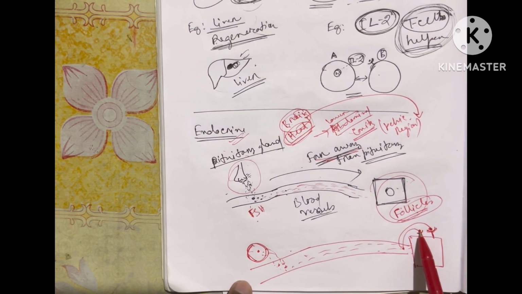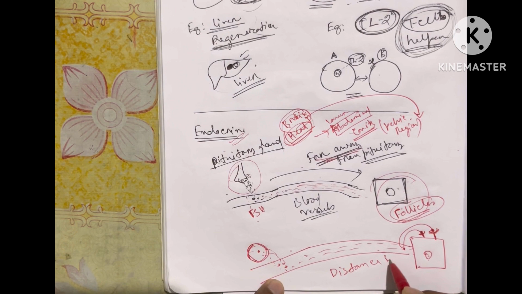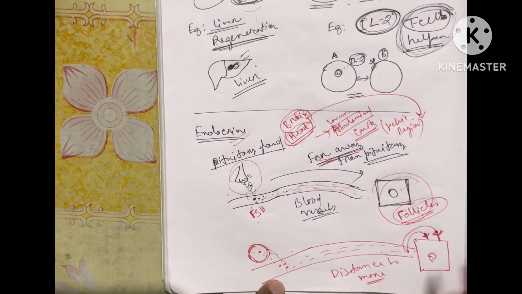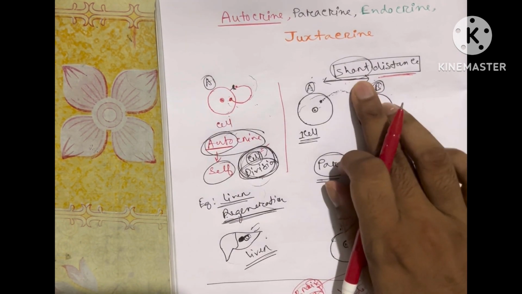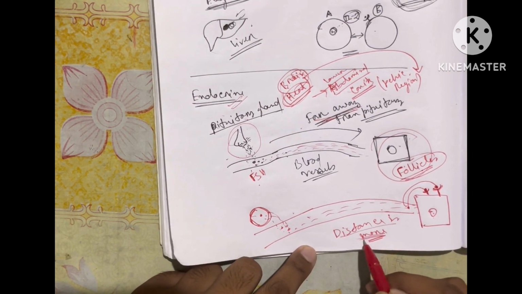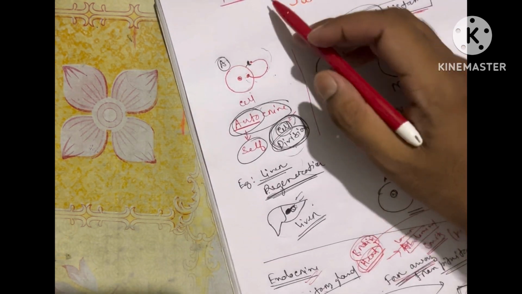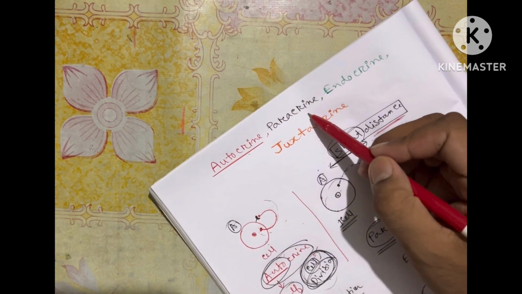But the difference is the distance. In paracrine the distance is very short; here they need to travel a much greater distance. These are the three basic differences of autocrine, paracrine and endocrine.